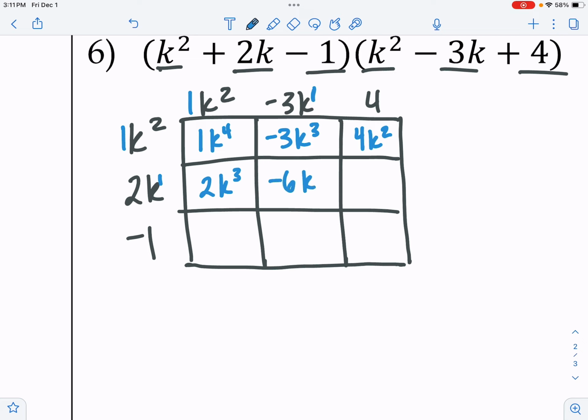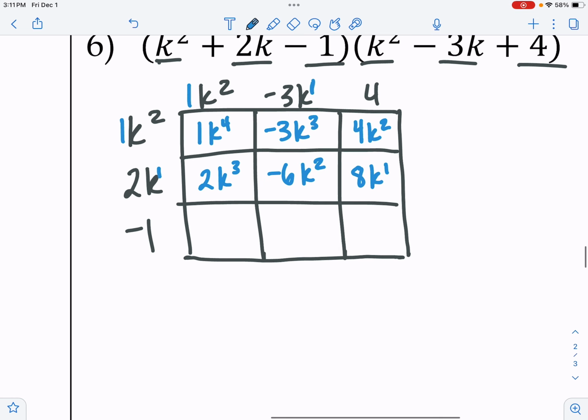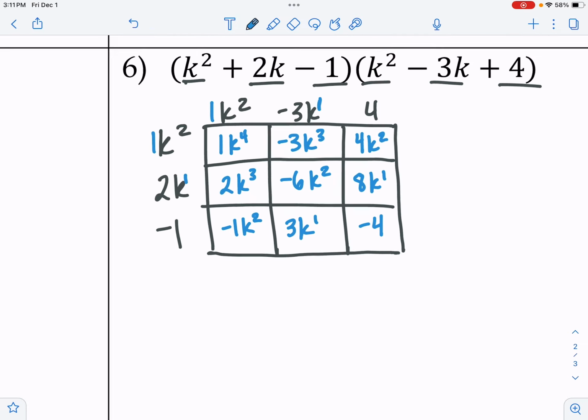K1 and k1 is k2. 2 times 4 is 8 with a k1. Negative 1 times 1 is negative 1 with a k2. Negative 1 times negative 3 is positive 3 with a k1. Negative 1 times 4 is negative 4.